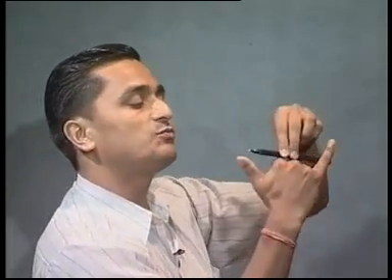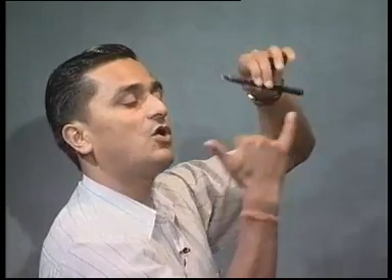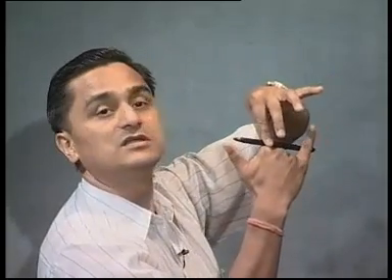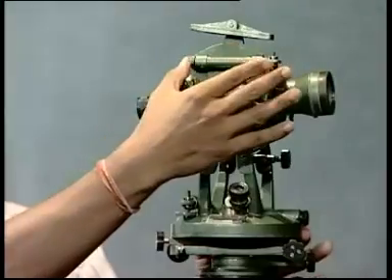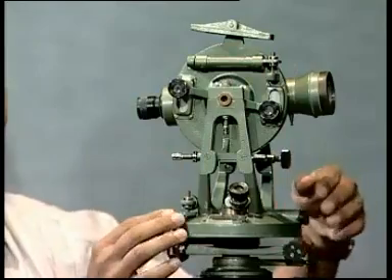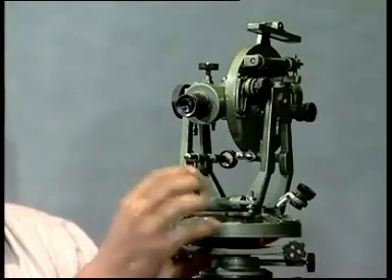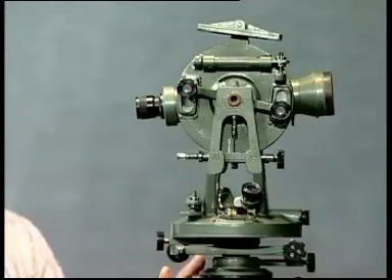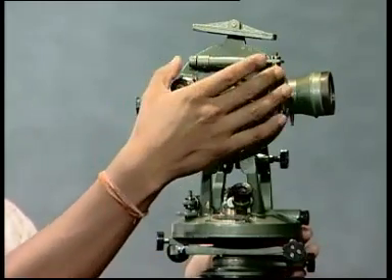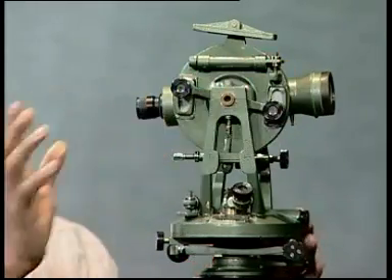How do we ensure it? We make use of the altitude bubble. We have seen on the index frame there is an altitude bubble. This altitude bubble is more sensitive than the plate bubble. So after centering the plate bubble, again using these foot screws, we center this altitude bubble. Now this is very interesting.